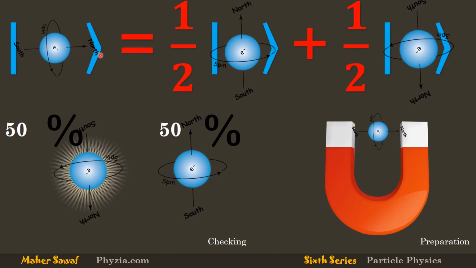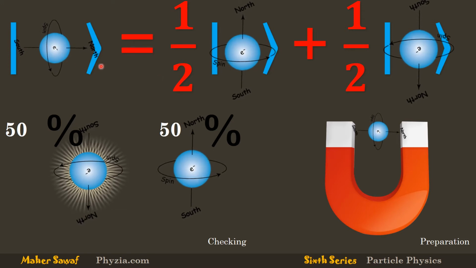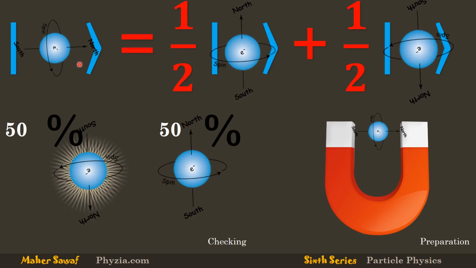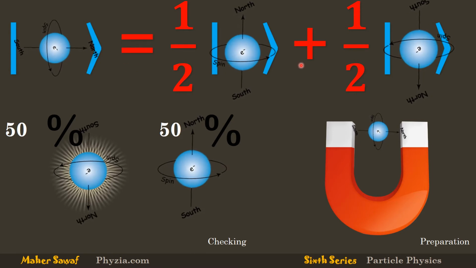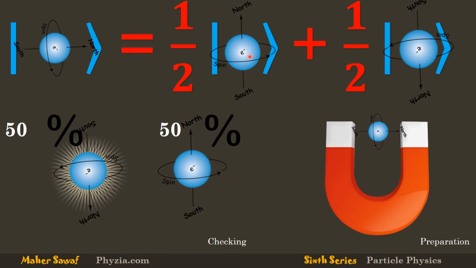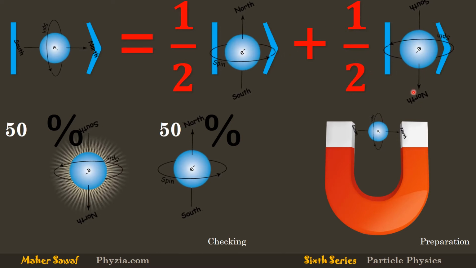Now notice the 0 angle along the z-axis, it's the same as the maximum spin along the x-axis. So now we have a relation that links the spin along the x-axis with the spin along the z-axis. The maximum spin for an electron along the x-axis is equal to the superposition of 1 over root 2 quantum state, an electron having a maximum spin along the z-axis, plus 1 over root 2 quantum state, an electron having a minimum spin along the z-axis.